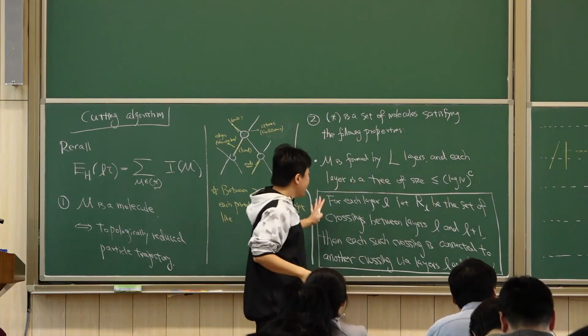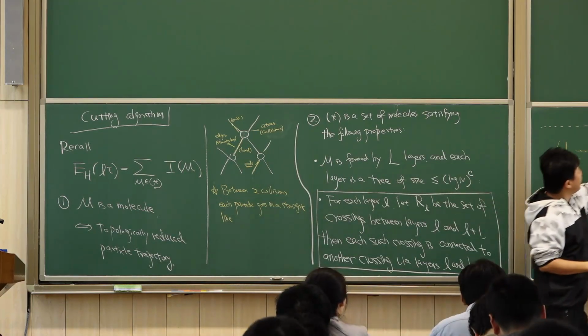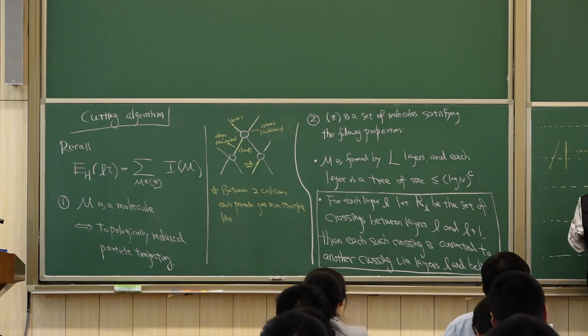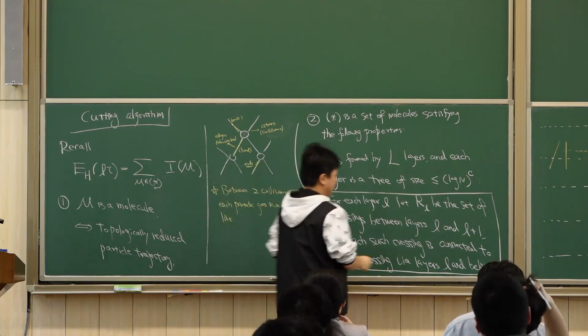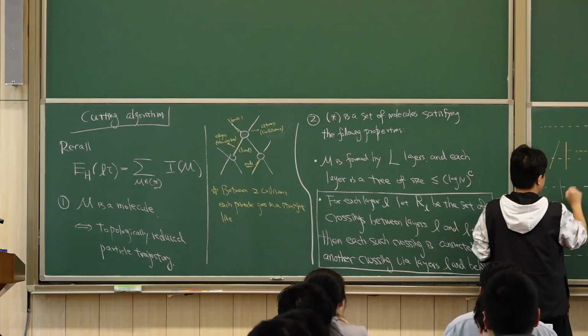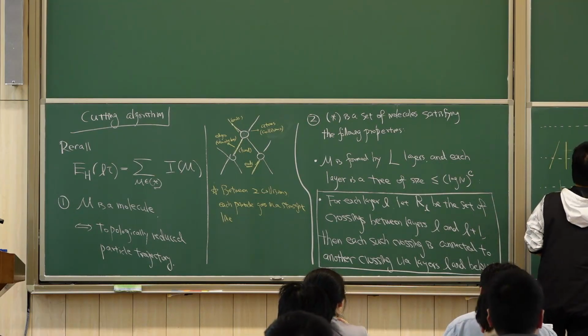The set of crossings between layer 3 and layer 4 is called R3. And then you see there are also crossings here. This is R2 and so on.